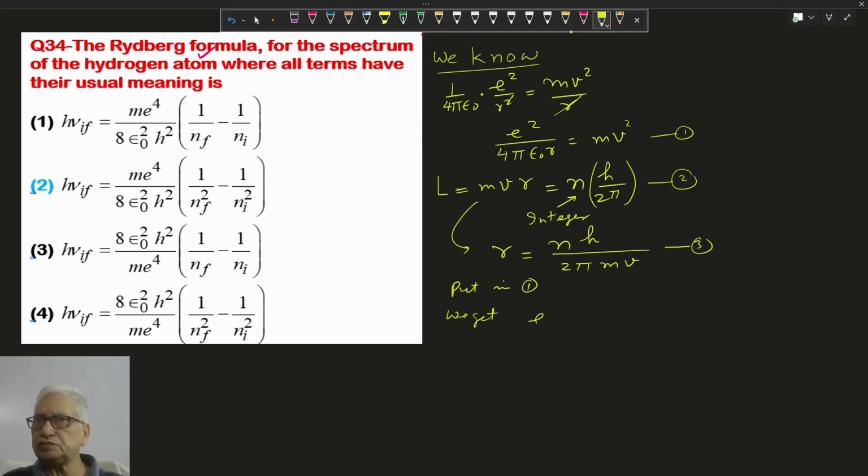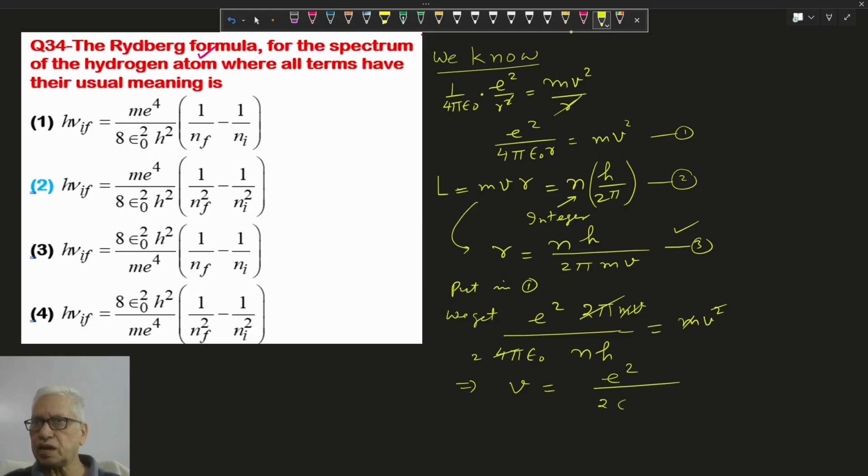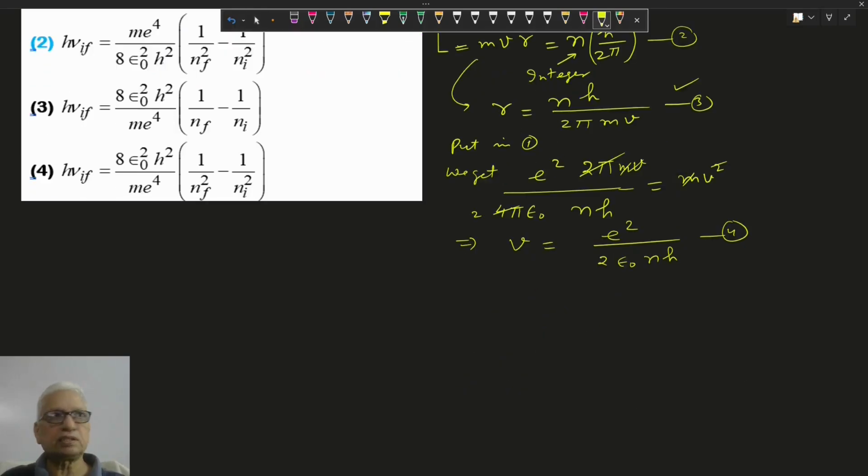We get e square upon 4 pi epsilon naught r. Putting the value of r from equation 3, n h goes, pi m v equals m v square. One v cancels out here, so m also cancels. It can be written as v equals e square upon 2 epsilon naught n h. Now kinetic energy, the formula half m v square.